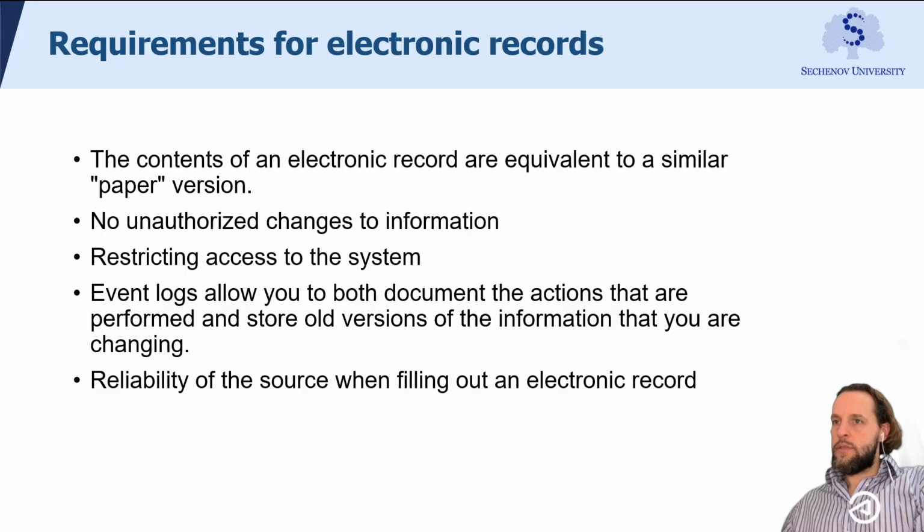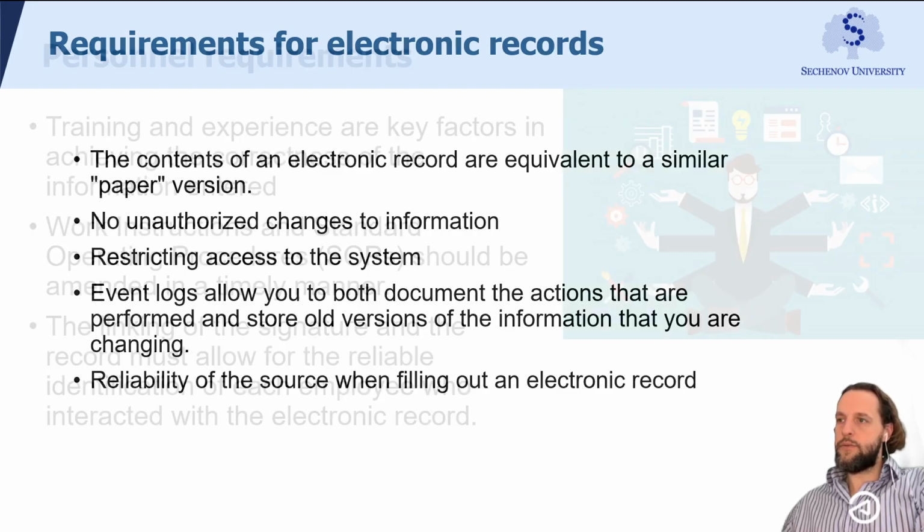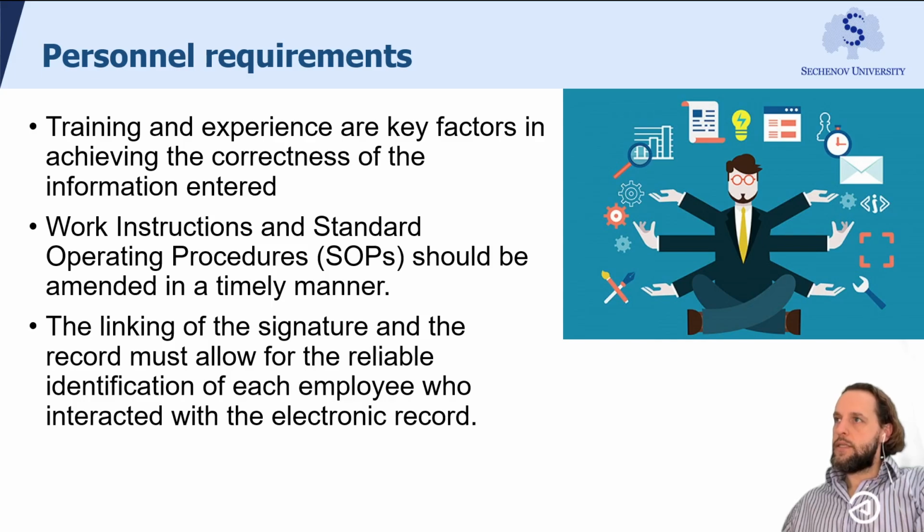An event log needs to be in place to record all the actions in the system. And the source of data which is being used to create the electronic record should be reliable. So, of course, all our records are based on something made previously, and we need to have trust in these previous records.